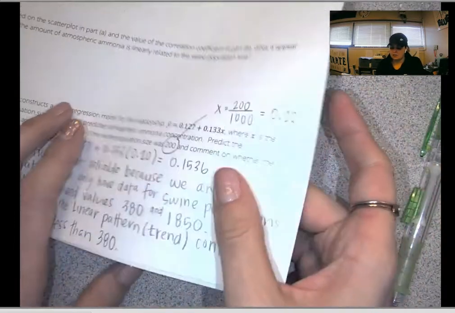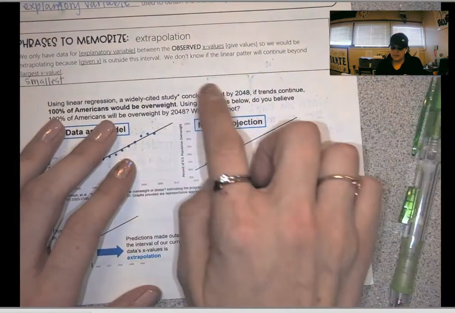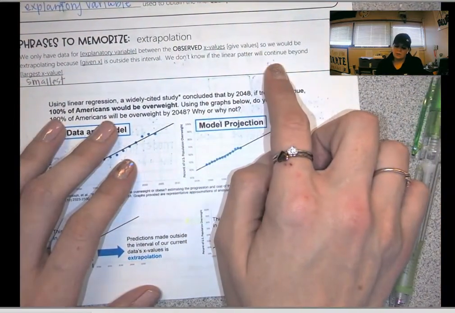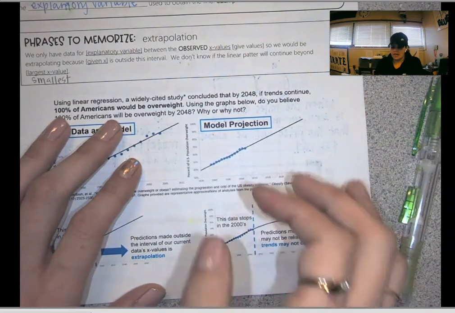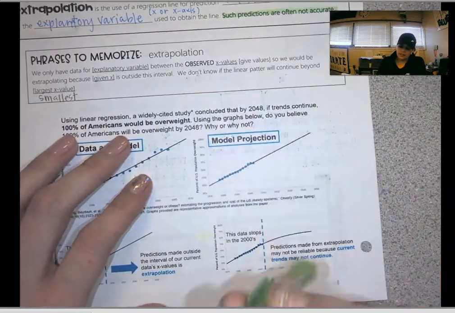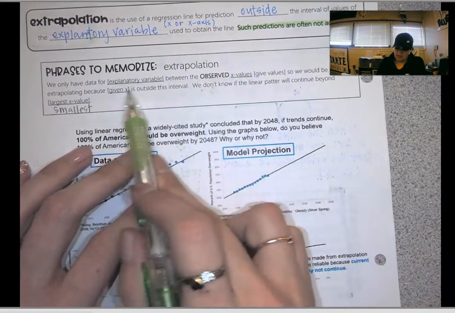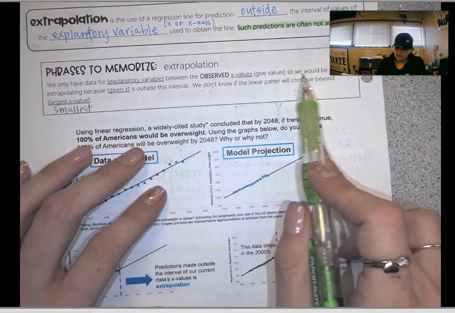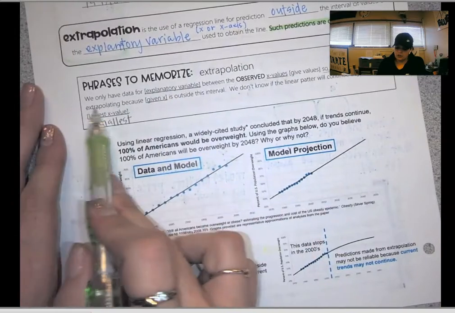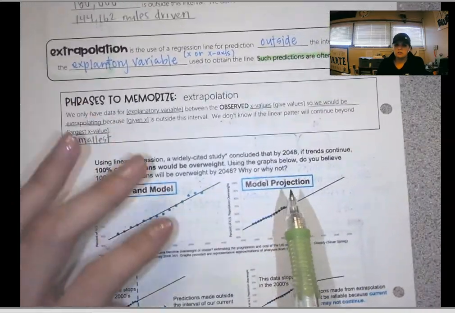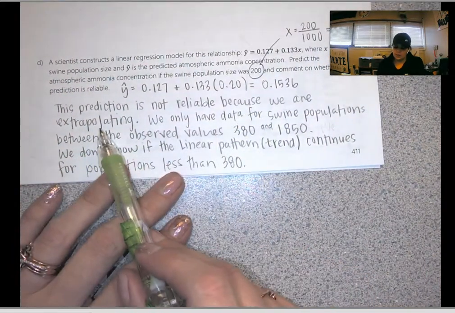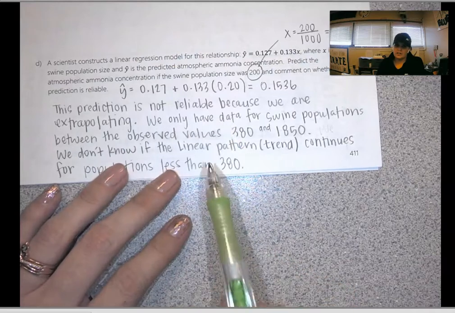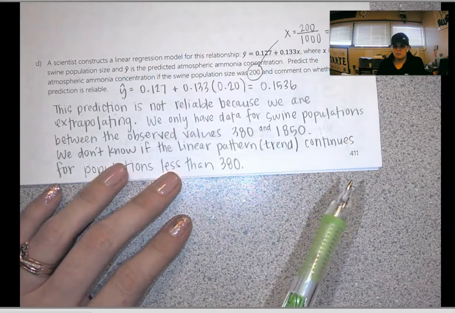It was harder to use the phrasing, we don't know if it'll continue beyond 380, because that sounds like more than 380. The other thing I changed was that I didn't add the statement, so we would be extrapolating, because we already said that at the beginning: this prediction is not reliable because we are extrapolating.